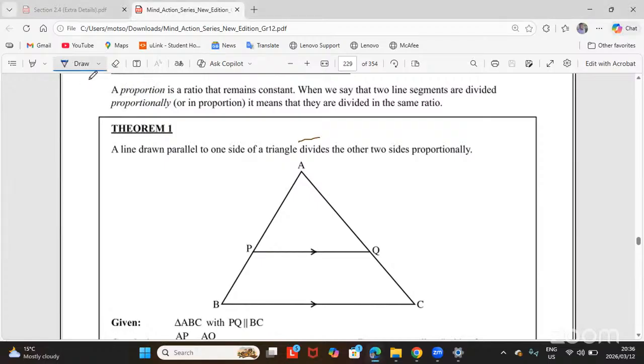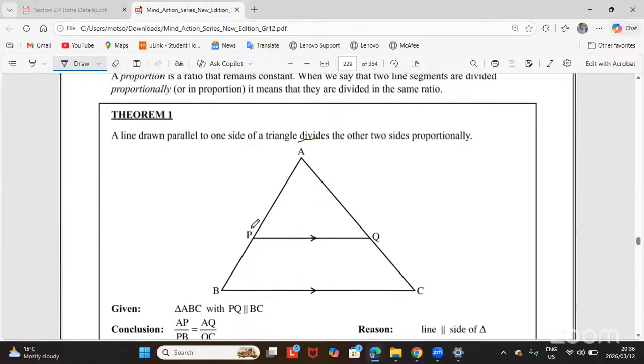Perfect. Now we can see, guys, that we have a triangle here. Like we said earlier, in this part of matric, we are going to talk about relationships of the lines of these triangles. Mostly, we are going to talk about triangles in this Euclidean geometry.